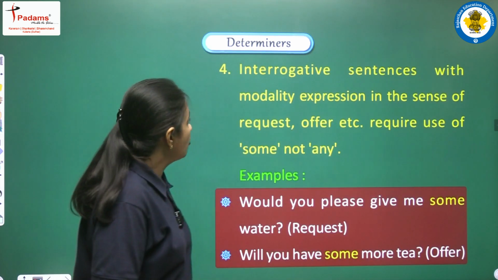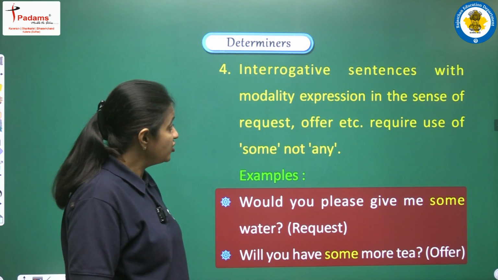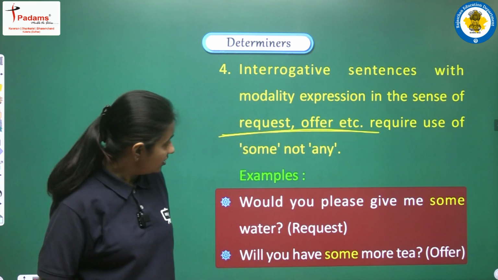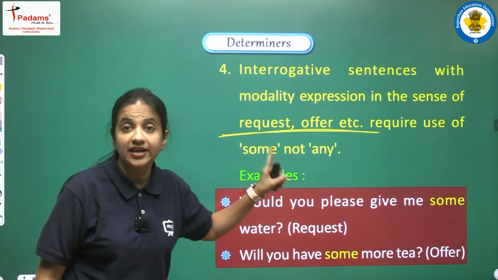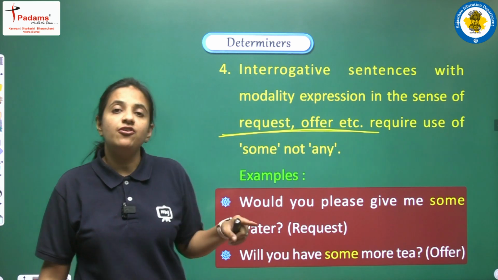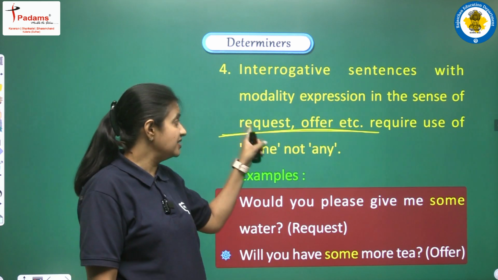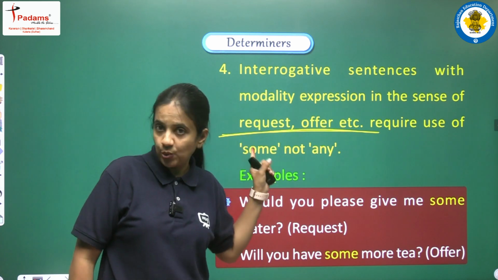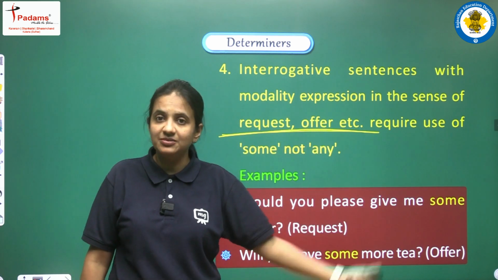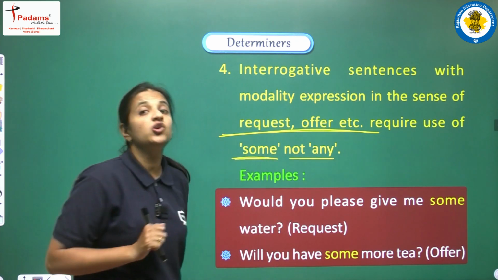Moving on, next point: interrogative sentences with modality expression in the sense of request, offer, etc. require use of some, not any. So according to this point, if we are having an interrogative sentence, and in that sentence we are having the meaning of request, or the meaning of offer, that we are offering something, then in that sentence we have to use some, we cannot use any.